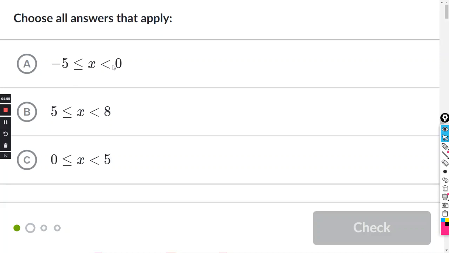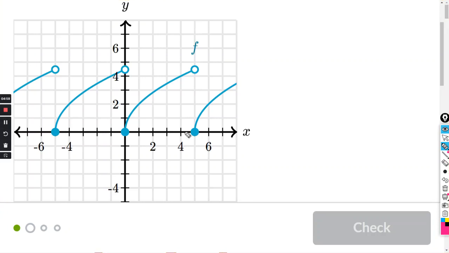On the x-axis, here's negative 4, and negative 5 is right here, and x equals 0 but not including 0. I should really draw a dotted or dashed line there, since it's not including 0.